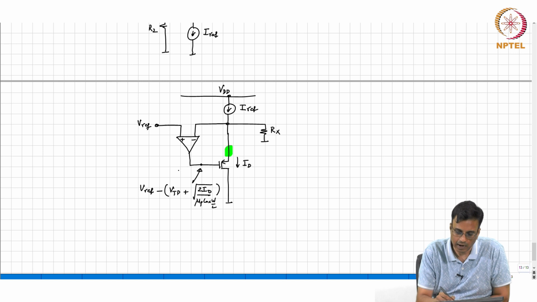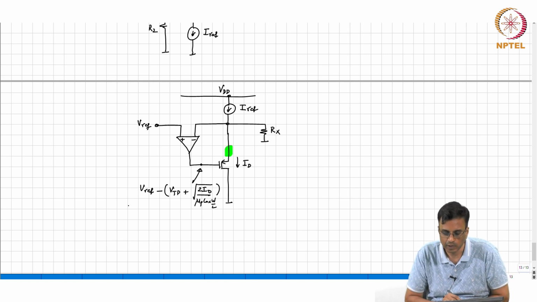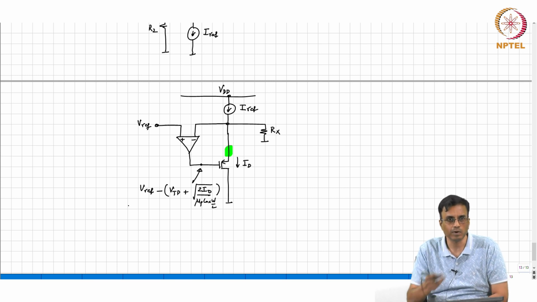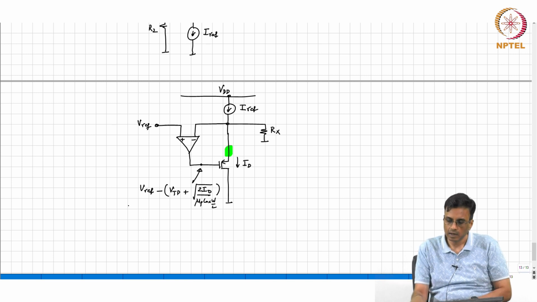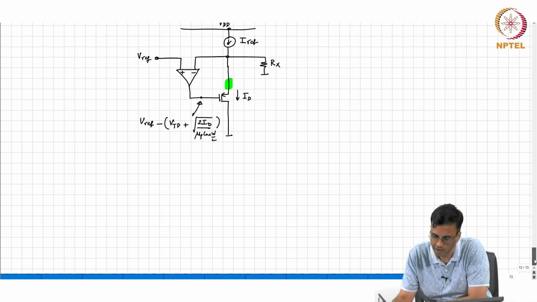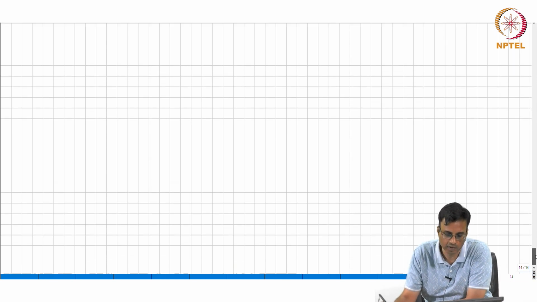But will the current decrease or increase? It will reduce, okay, and the gate potential will still be this formula because we used ID in the formula, not Iref. Does it make sense? All right, and so that covers the biasing of all the PMOS transistors.